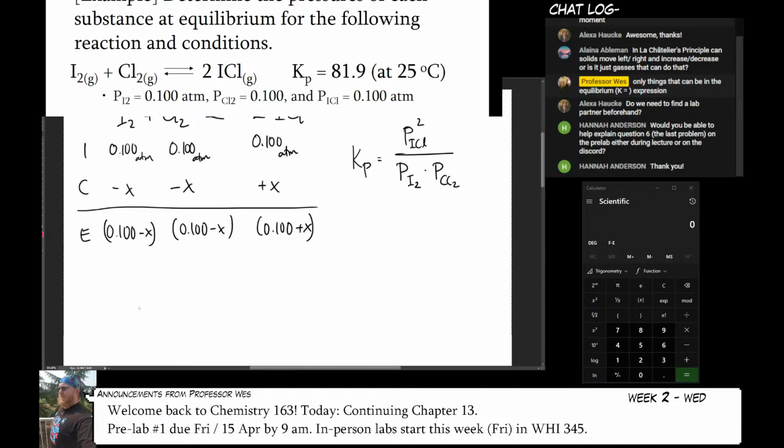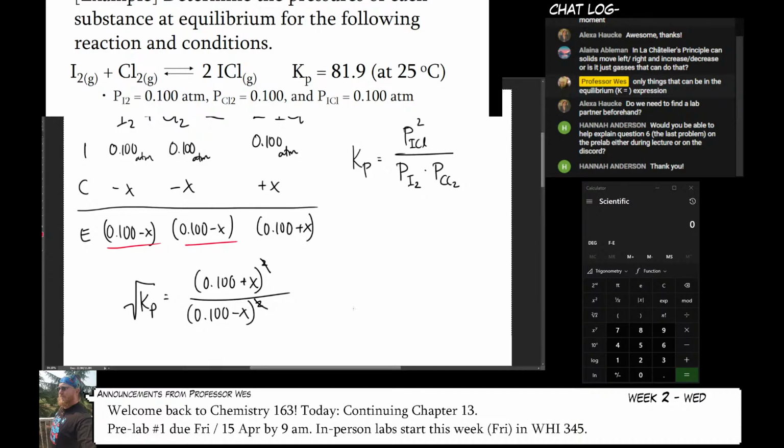So we're going to plug all this into our Kp expression. So that's going to equal my products squared divided by my reactants. Now I got 2 of these. So I'm going to just write it like this. And then I'm going to square root everything so that this goes away. I'm just writing that because it's simpler to type this in Wolfram Alpha.